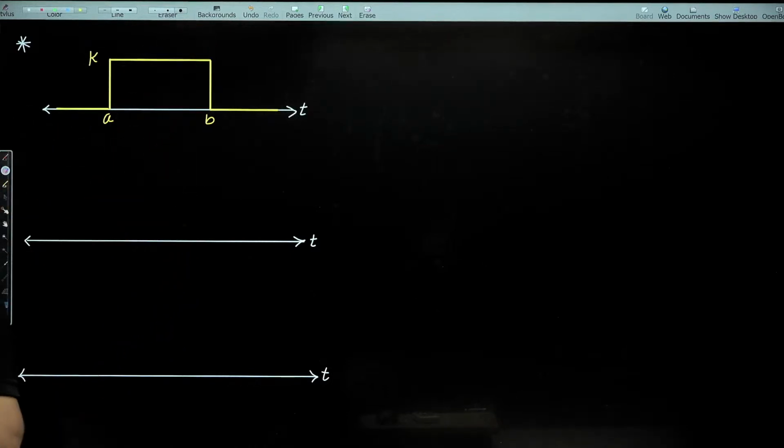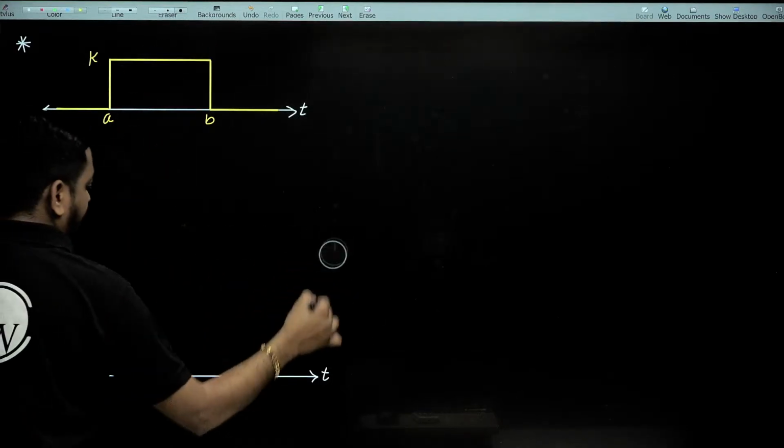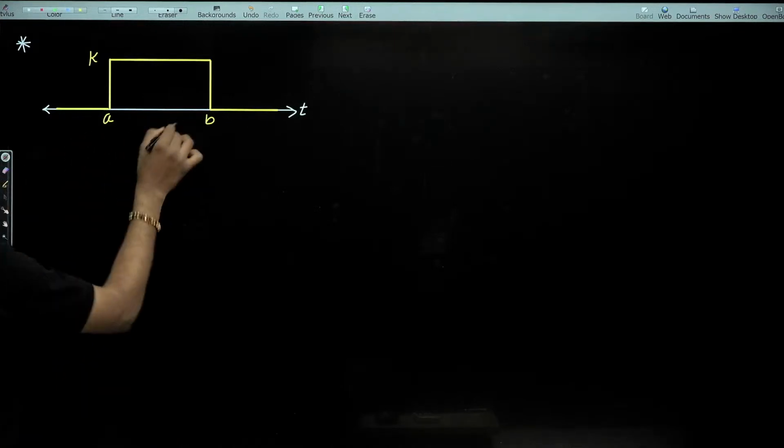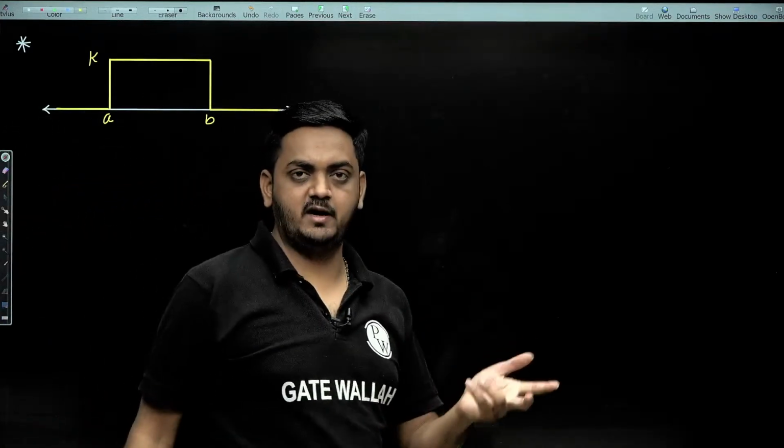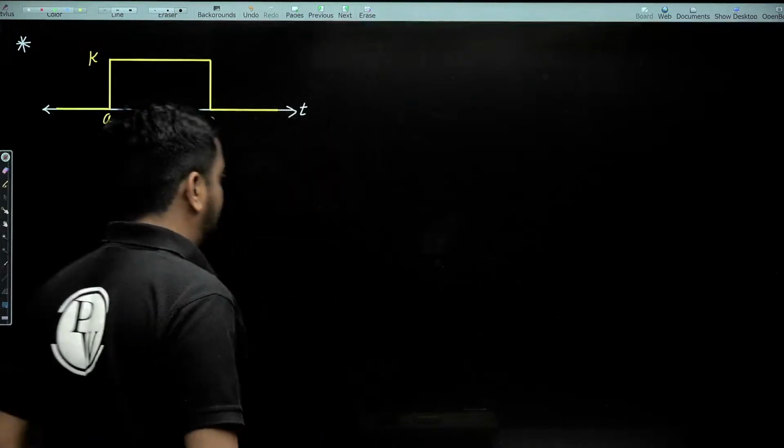This a and b can be 0, positive, negative, anything, correct? Both positive, both negative, one positive, one negative, one is 0 and another is non-zero, like that.